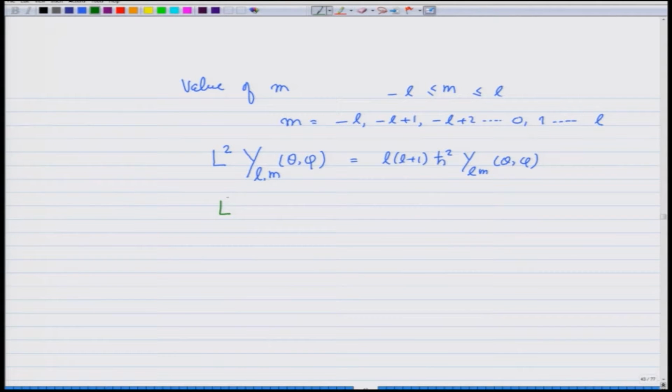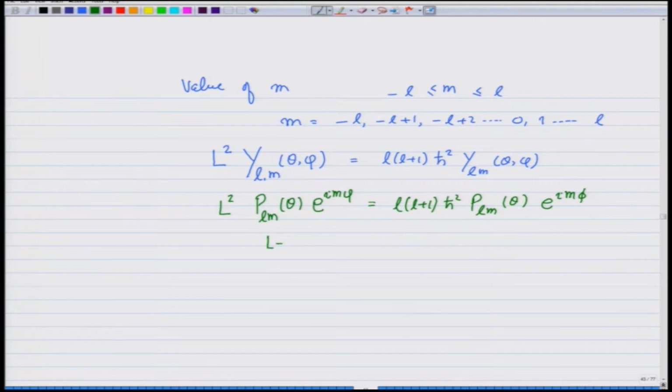So, I have L square on Y Lm, which can be broken into P Lm that depends only on theta, but does depend on L and m both, times e raised to i m phi, equal to L plus 1 h cross square P Lm theta only, times e raised to i m phi.